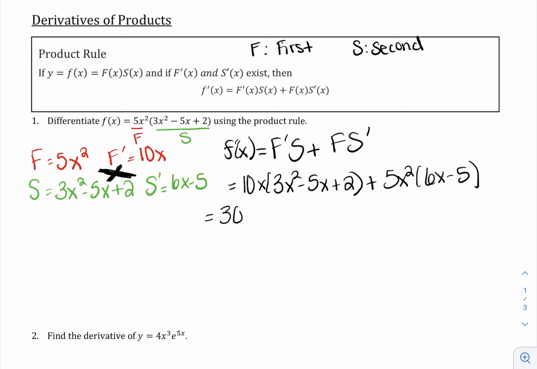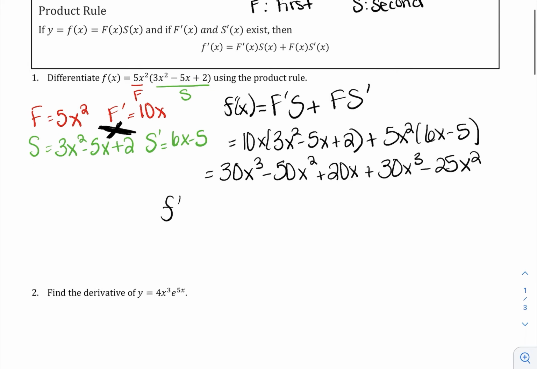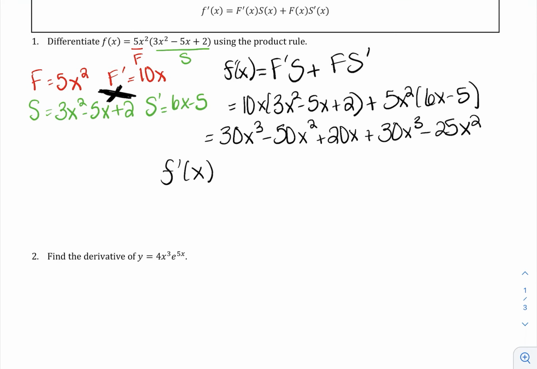So it's going to be 30x cubed minus 50x squared plus 20x plus 30x cubed minus 25x squared. So my f prime of x will be 60x cubed, so those are gone, minus 75x squared plus 20x. And there it is.